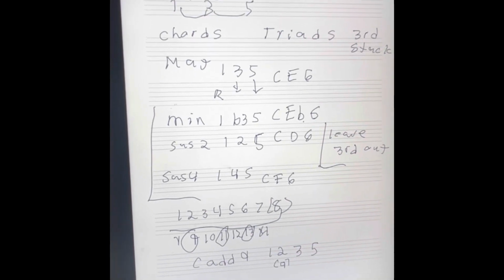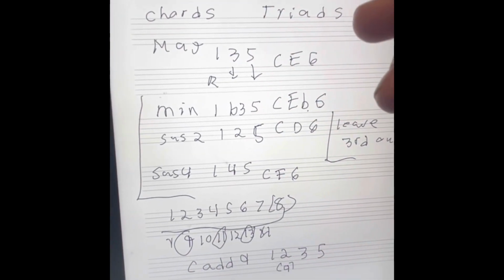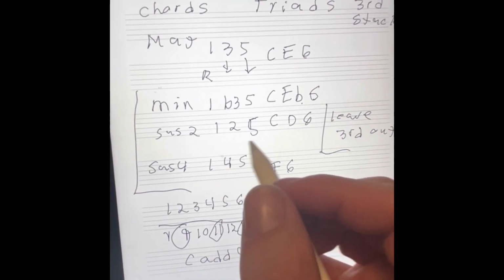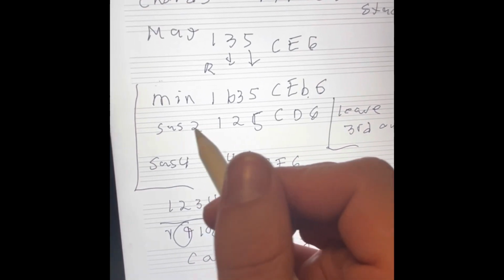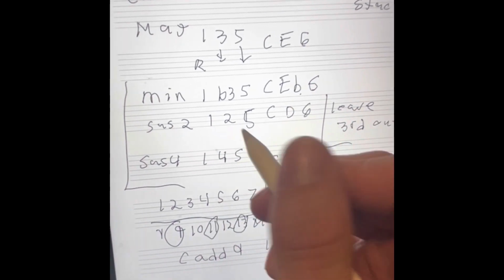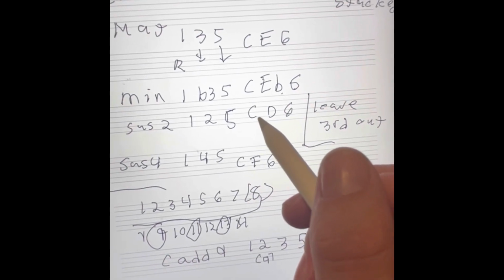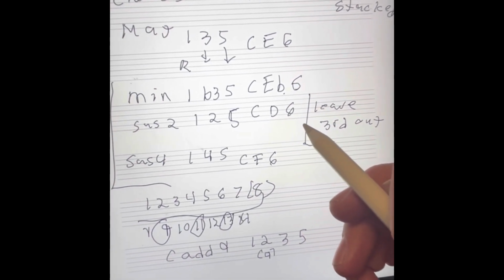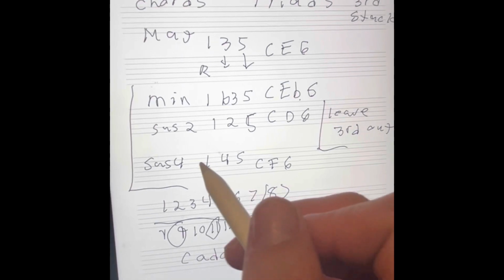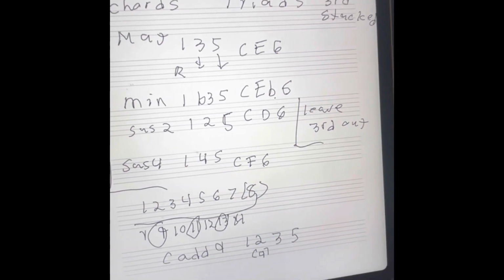And then if you want to get into sus chords, what it does is it replaces the third degree here with the second degree of the scale. So for a sus2, you would use C, D, and G. For sus4, you would use 1, 4, 5, so C, F, and G instead, leaving out the third.